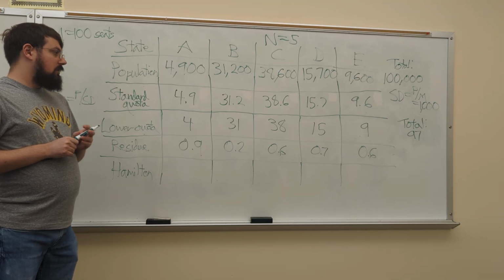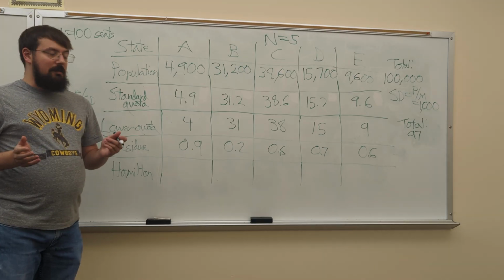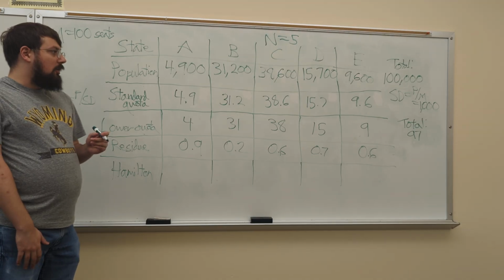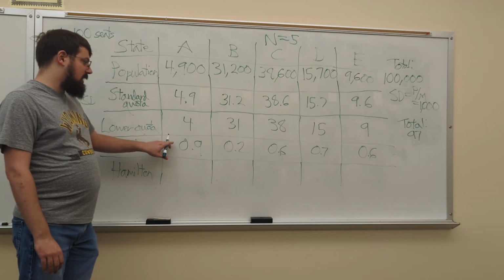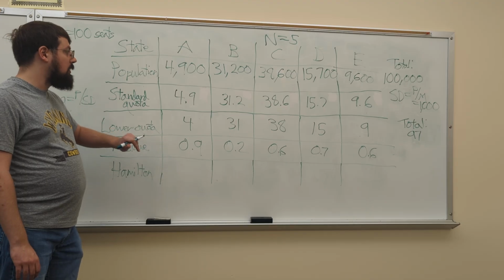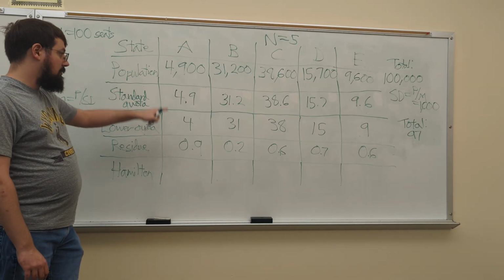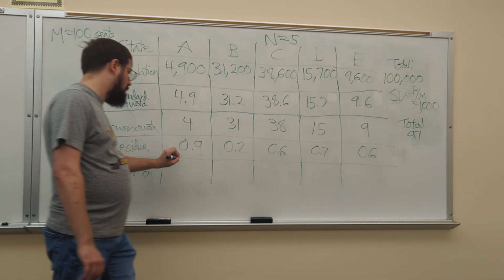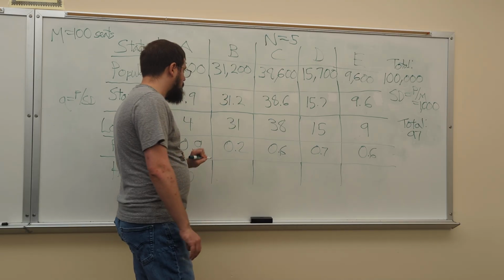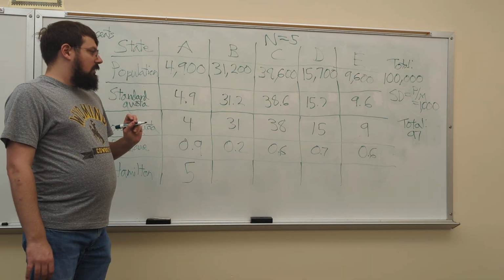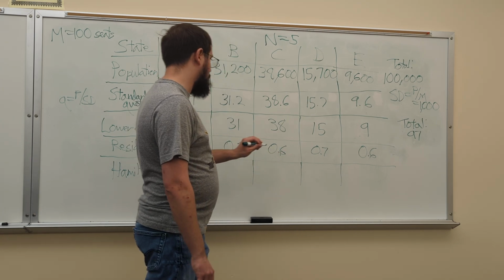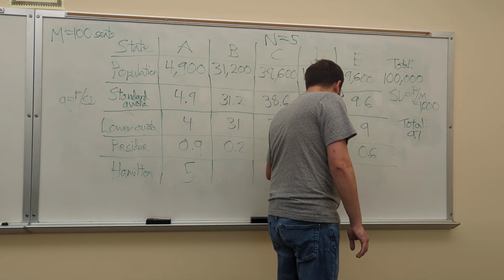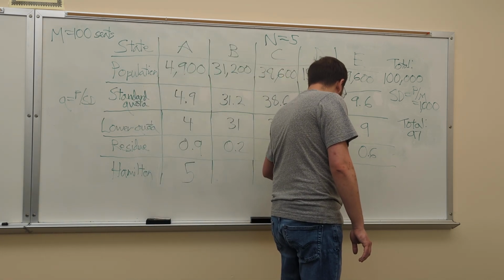Now, we're going to assign the remaining seats based on which states have the highest residue. So first, we're going to give one to A, because A has the highest residue, 0.9. Next highest is D with 0.7, so we're going to give D an extra seat. That's going to put them at 16 instead of 15.